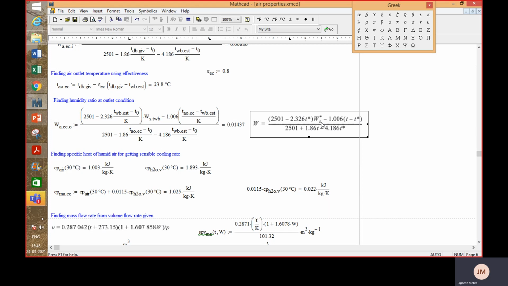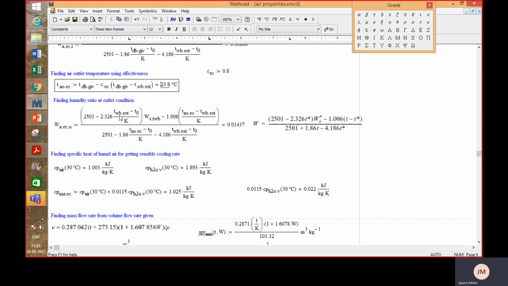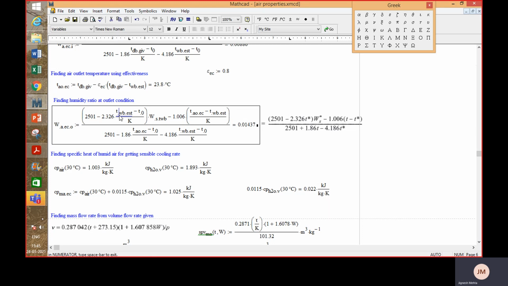So what is the wet bulb temperature? It is 20.5 because it remains the same whether you talk about point A or B or point 1 and 2. The wet bulb temperature is remaining same. So same value of Ws star and T star, but at point 2 or point B, T is equal to 23.8.